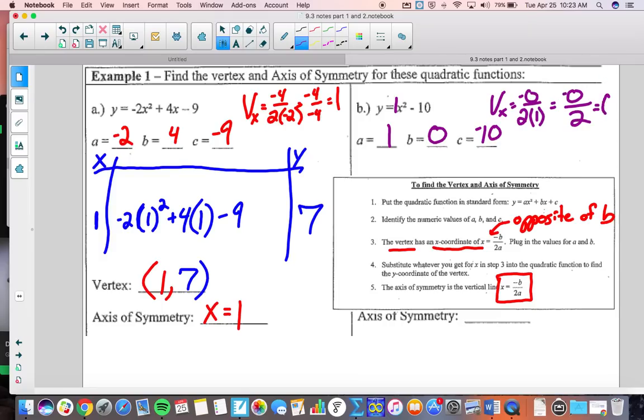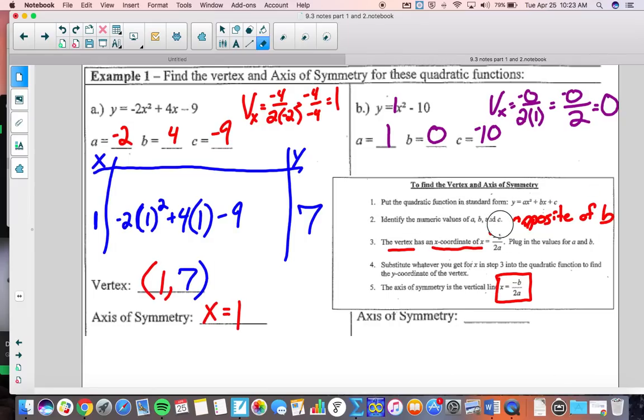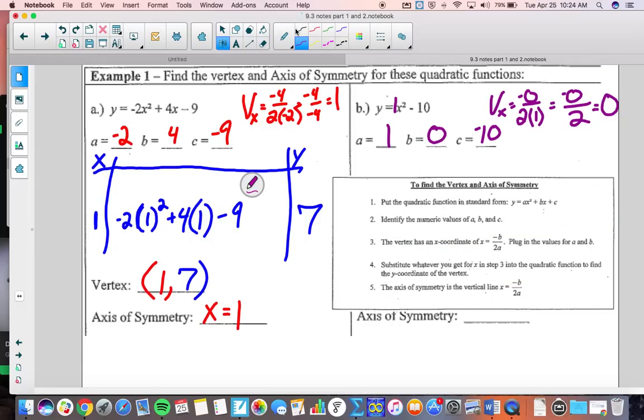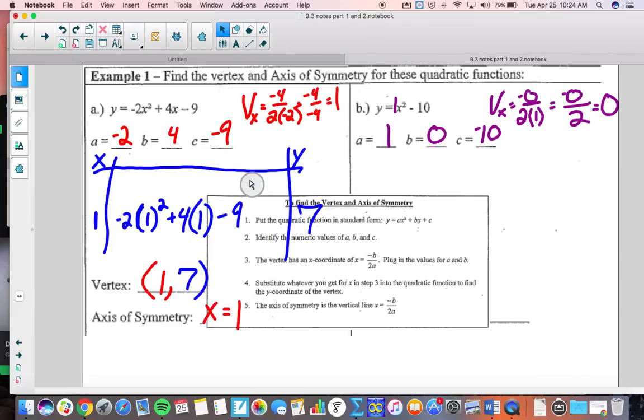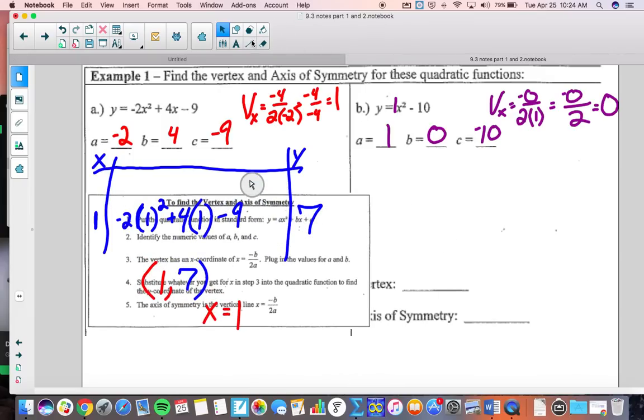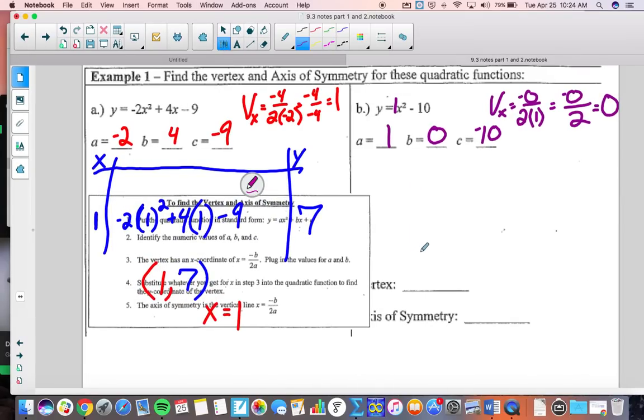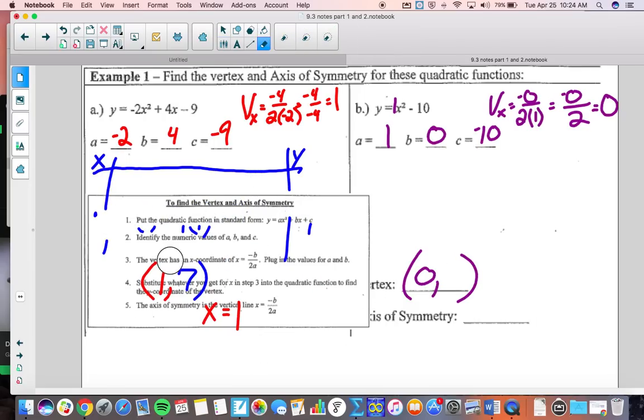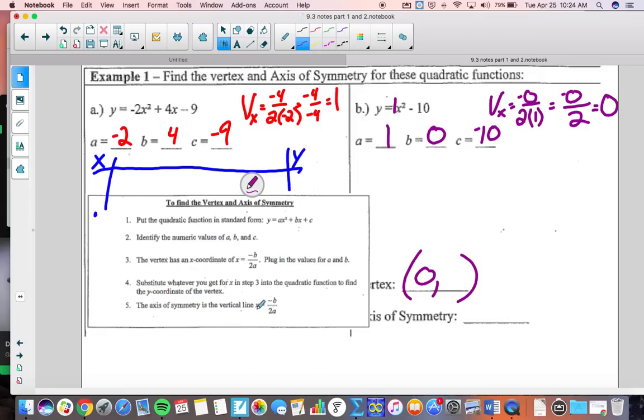That's still going to be 0. So the x-coordinate of the vertex is 0. And then I also know that my axis of symmetry is going to be x equals the number I just calculated. So x equals 0.